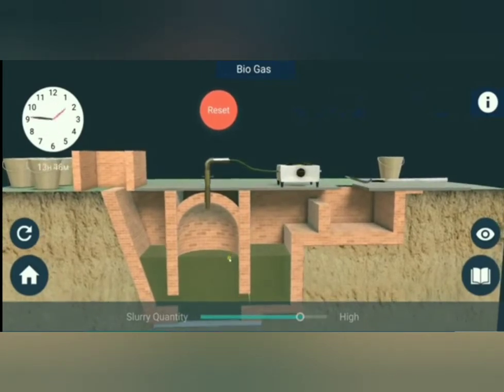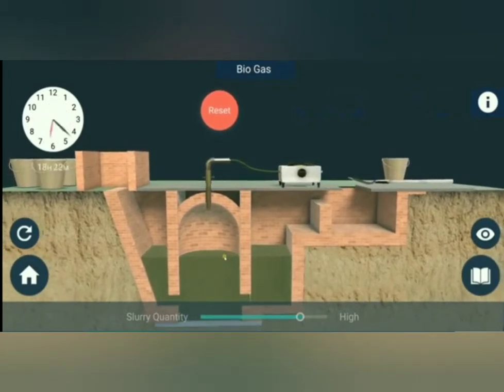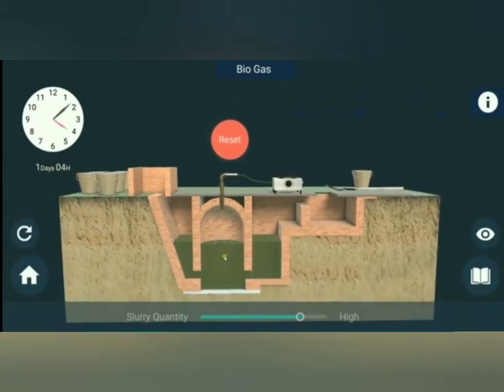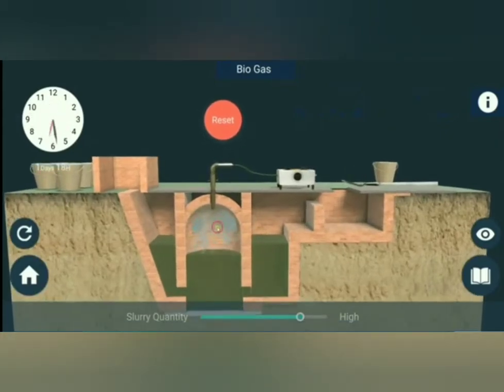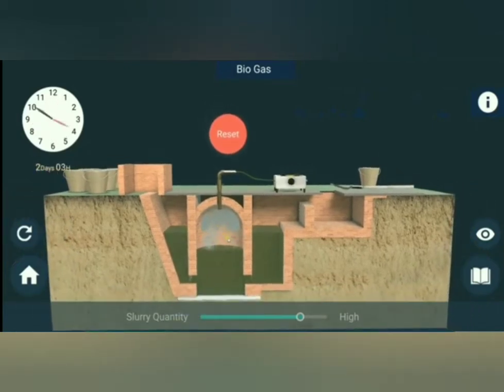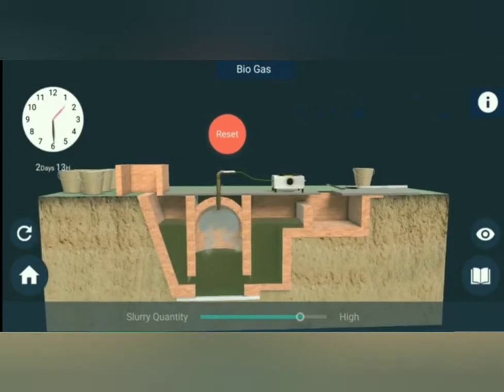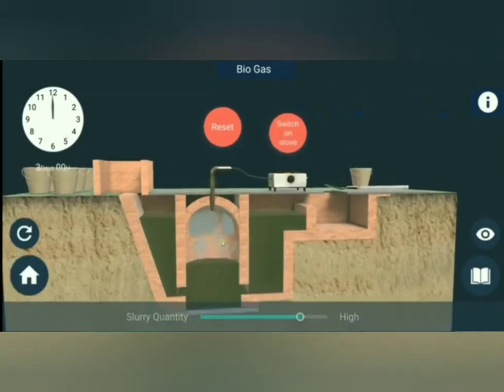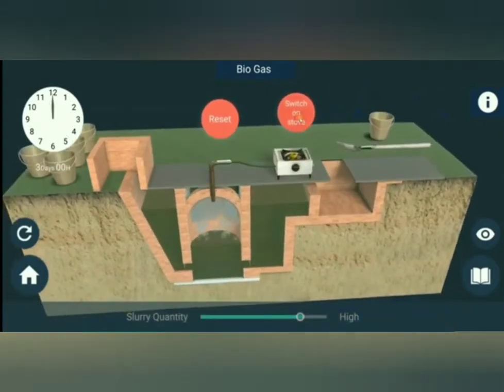It takes a few days for the decomposition process to complete and to generate gases like methane, carbon dioxide, hydrogen and hydrogen sulfide. Then the produced gas is stored and drawn through pipes for use. Later we can use this gas like LPG for cooking or any other purpose. And this is how we produce heat energy from cow dung, and this is called biogas.